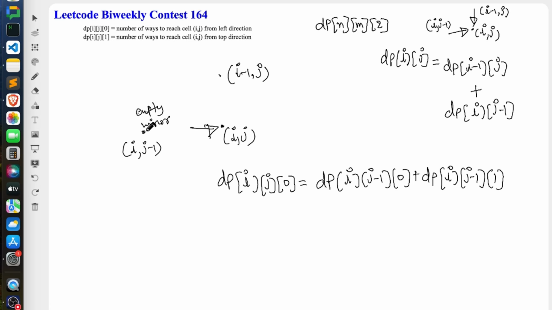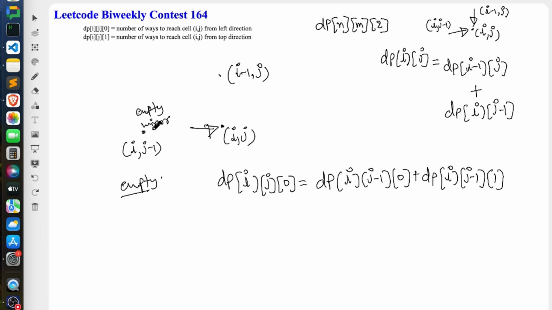I don't care how you reach this cell. If it is empty, there won't be any reflection. So it could be either this and then this move, or this and this move. Either way is fine, right? So this is the case when the cell is empty.